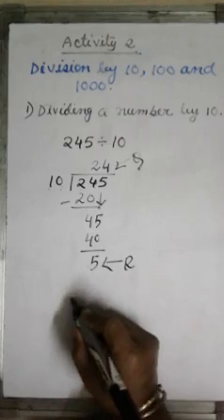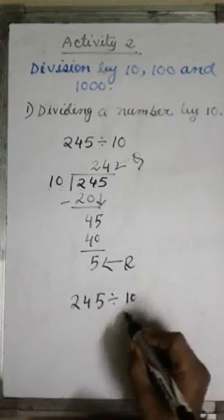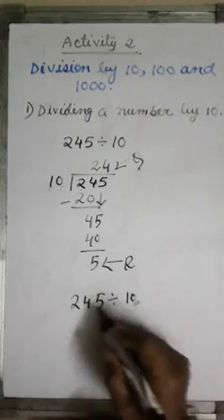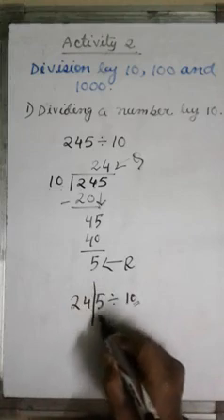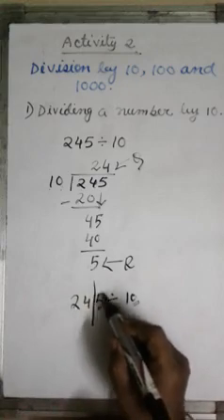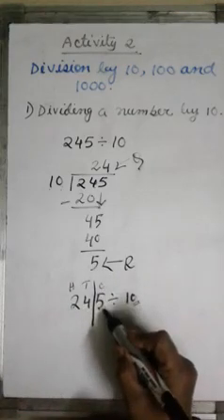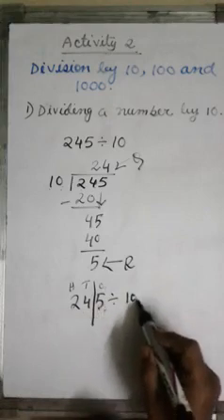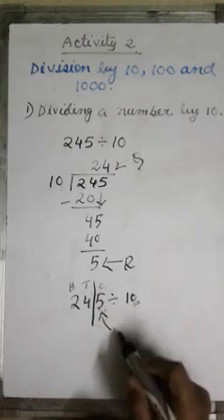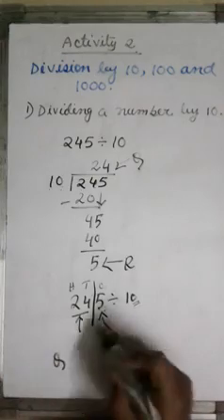So what we have got? 245 by 10. I separate the one's digit. This is ones, this is tens, and this is hundreds. I separated the one's digit. Therefore I can tell that as it is having 10, this is the remainder, and this is the quotient.